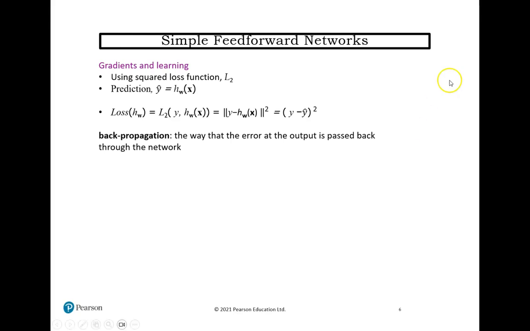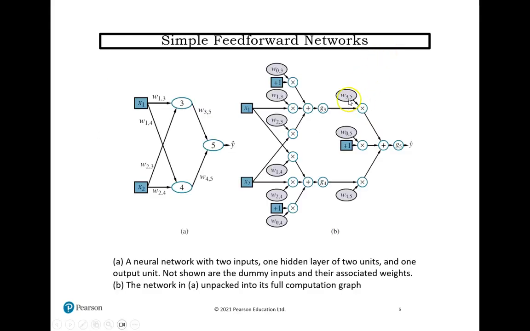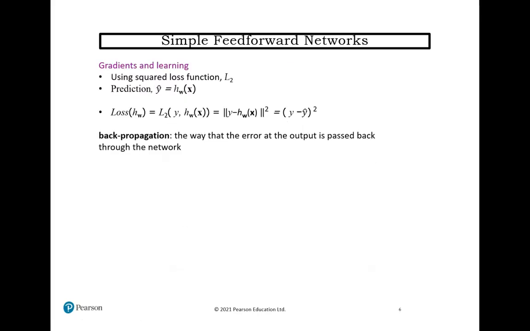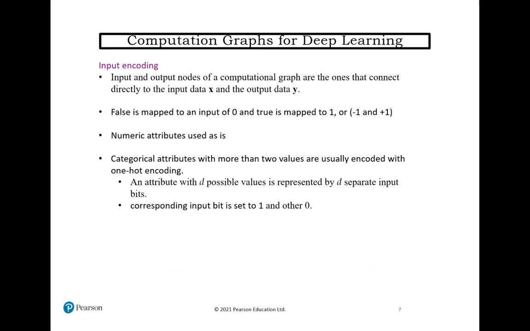Once we find y hat, we back propagate it through the network, and at each node we find the derivative of the loss function relative to the weights of that node. As we back propagate, we first find partial L, partial W05, and then partial L, partial W35, and so on, all the way until we reach the input. This is the back propagation step in learning.